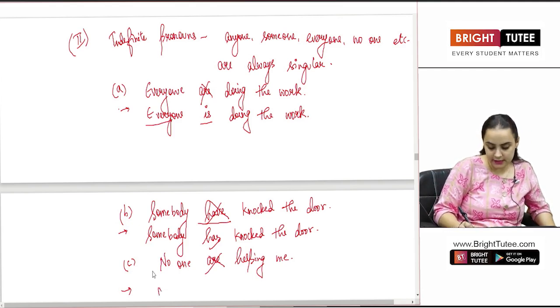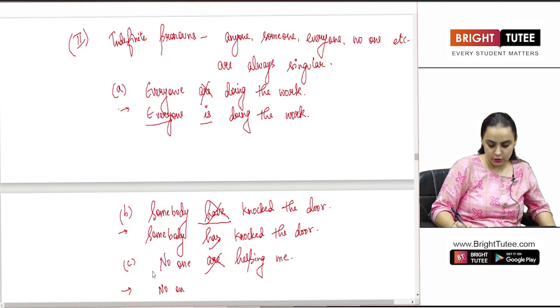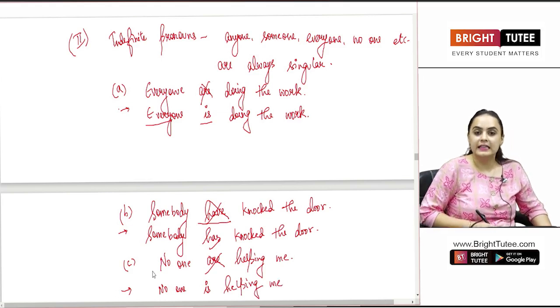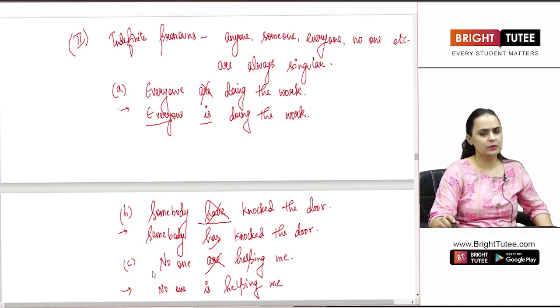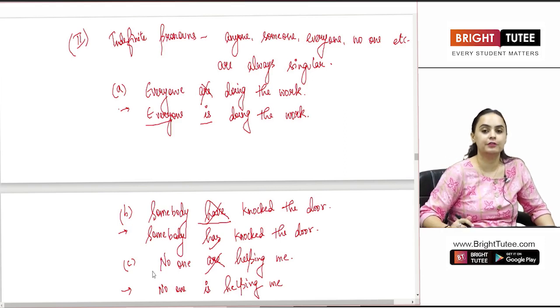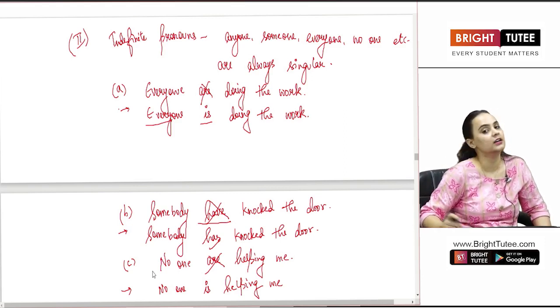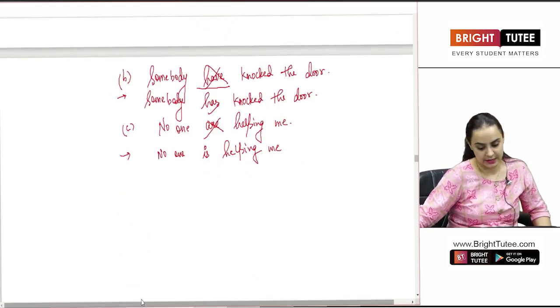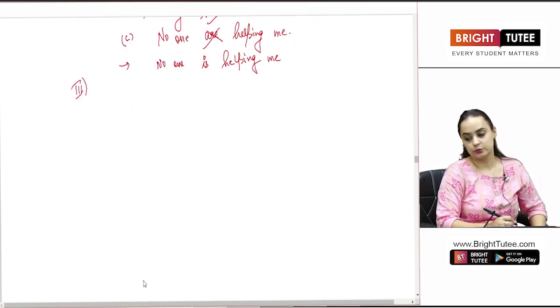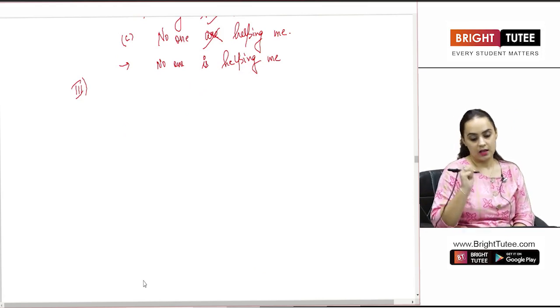Rather, what will I say? No one is helping me. So, indefinite pronouns like anyone, someone, somebody, everyone, everybody, no one, nobody, all these indefinite pronouns will always take a singular verb with them.